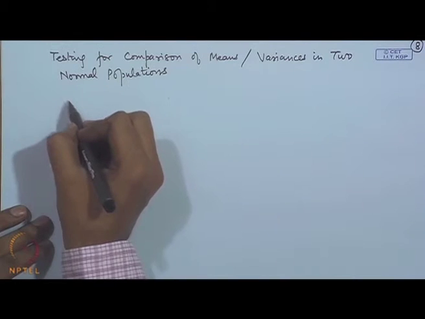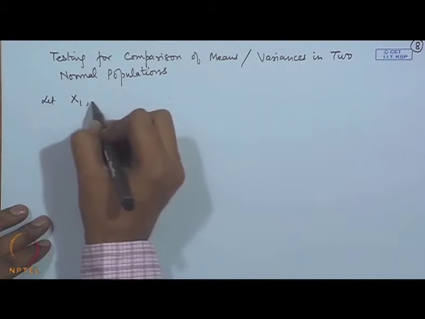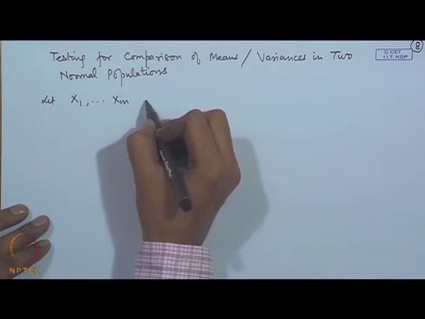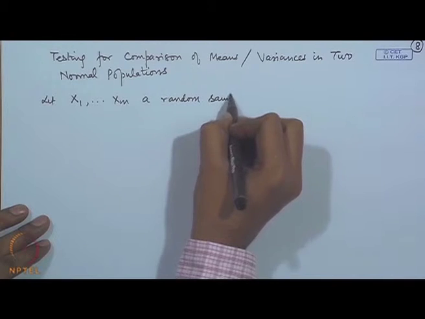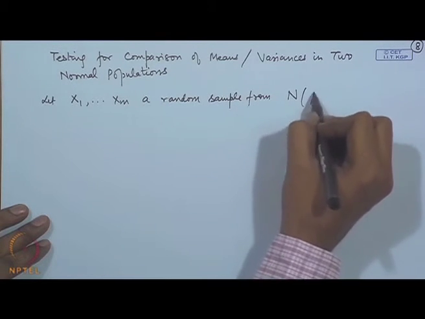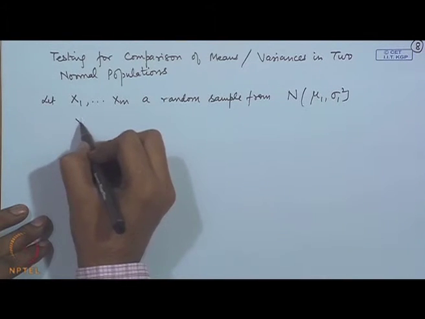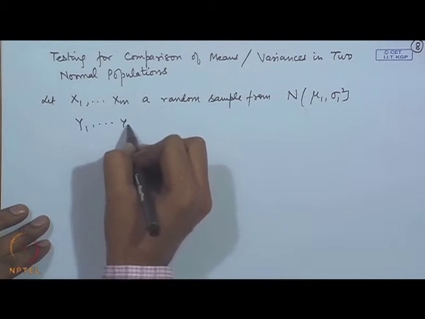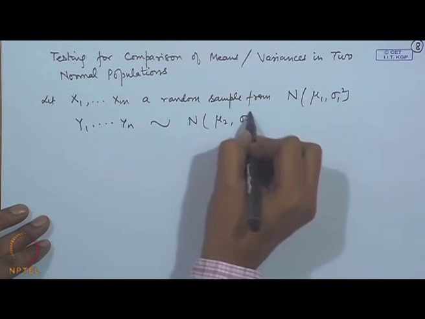So, let us consider, say, x 1, x 2, x m a random sample from normal mu 1 sigma 1 square and y 1, y 2, y n a random sample from normal mu 2 sigma 2 square.